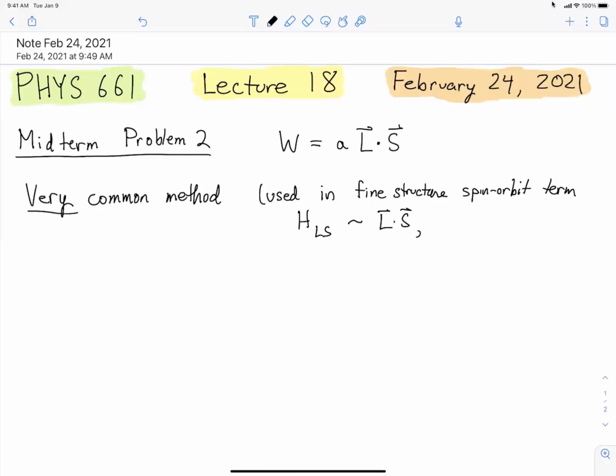We also saw it in the hydrogen atom ground state hyperfine. That's the 21 centimeter line, where it showed up in a slightly different disguise as the dot product of the electron spin and the proton spin. And then it showed up in the hyperfine of excited states of the hydrogen atom.